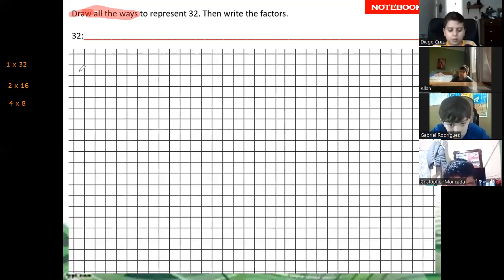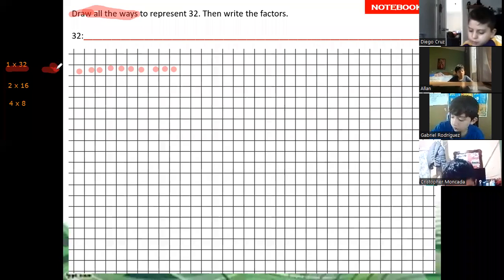So let's count here. 1, 2, 3, 4, 5, 6, 7, 8, 9, 10. Because the first pair of factors here is 1 times 32. So it means that I am going to have a figure with one row. This one is a row. Es como un renglón.